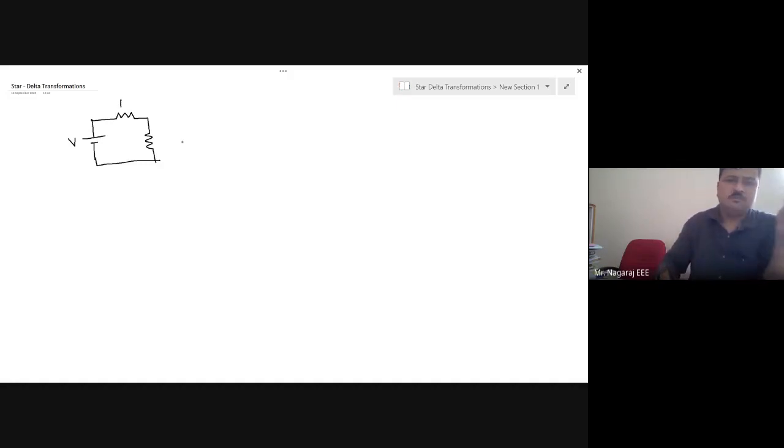We don't need that now. We'll only think about the passive elements. Let this be R1, R2. Now, what is the effective value of resistance in the circuit? It is very simple. Series connection of two resistors.